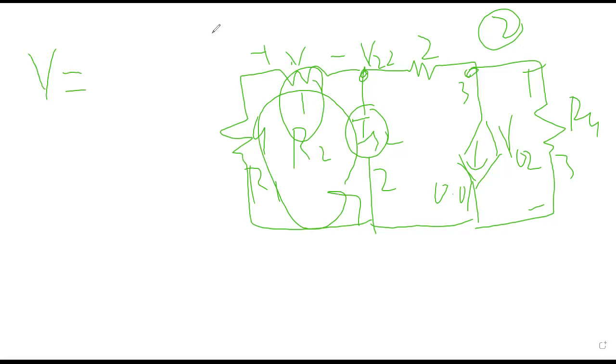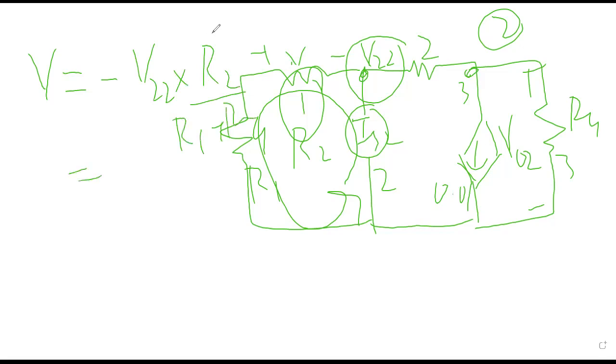So the value of the smaller v, the variable voltage, is V22, because this current will flow from V22, and from here it goes through R2 and R1. So it's negative because it's lagging. Negative V22 times R2 upon R1 plus R2. What the value is, minus V22, we don't know.